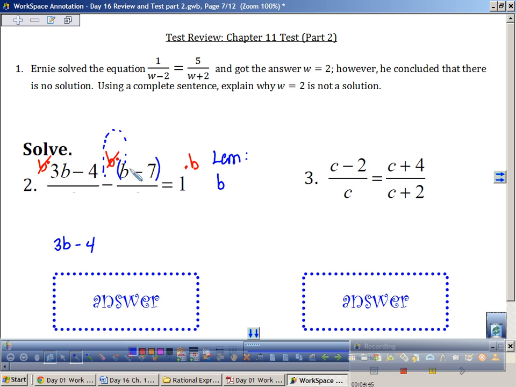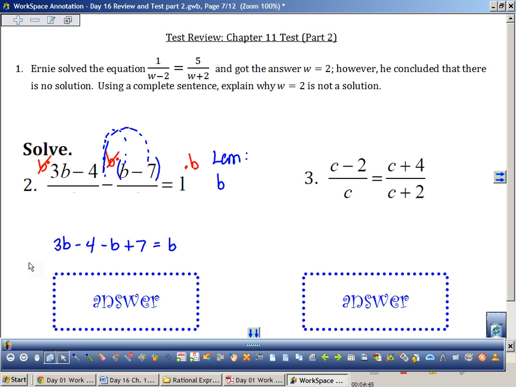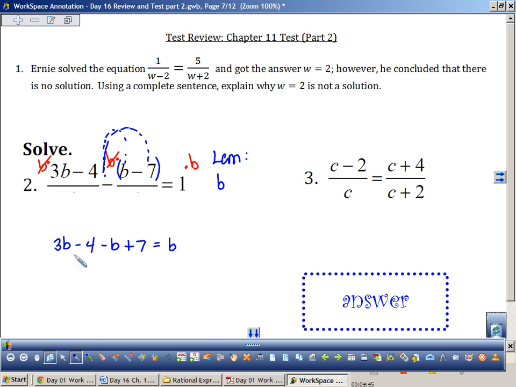I need a negative to b, and I need a negative to negative 7. What happens when I give a negative to b? Negative b. What happens when I give a negative to negative 7? Positive 7 equals what? B. 1b, or just b. Let's get rid of this. Okay. Now that I have this, just for purposes, well, I'll do that later.